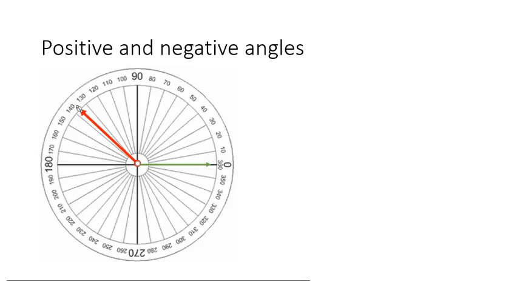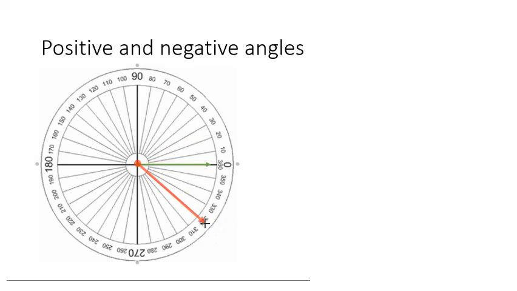So if we can measure positive angles, then we should be able to measure negative angles also. So let's go back to where we started. So this is where our terminal side was initially. But what if we went 30 degrees the other direction?